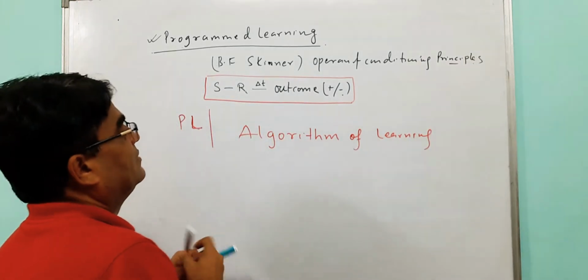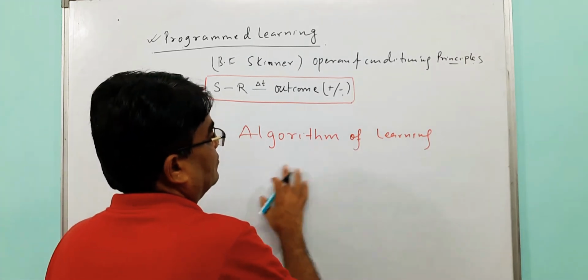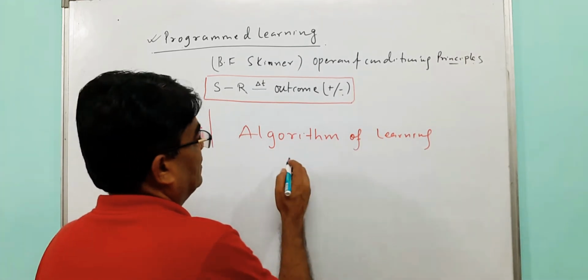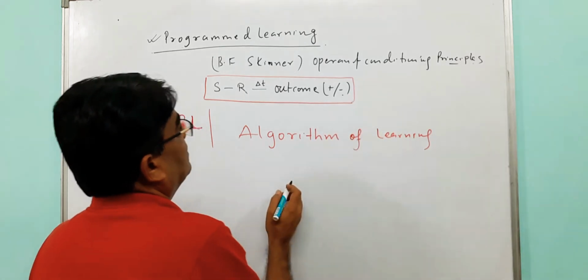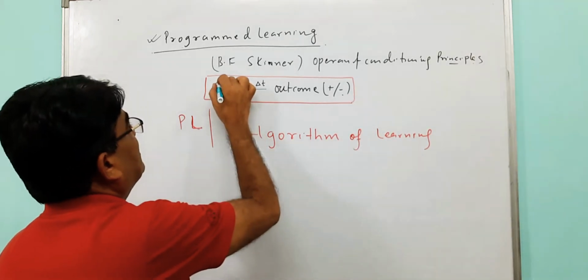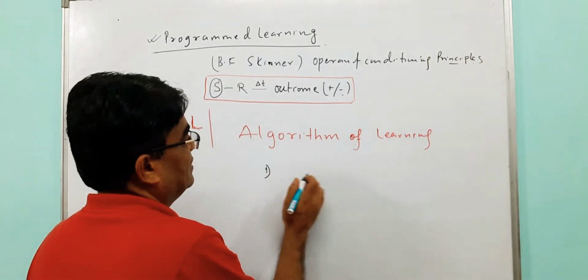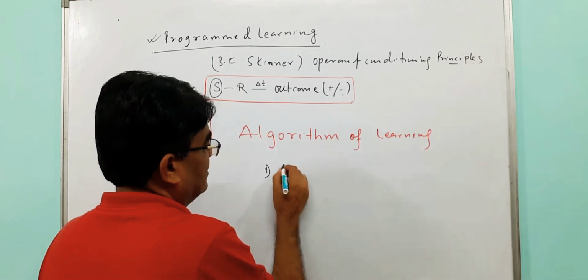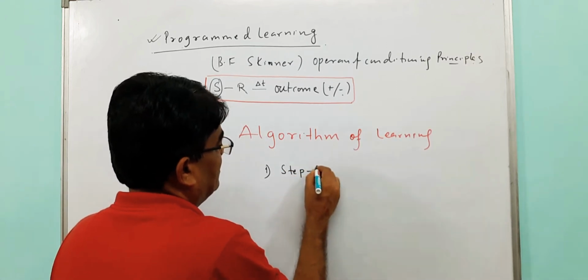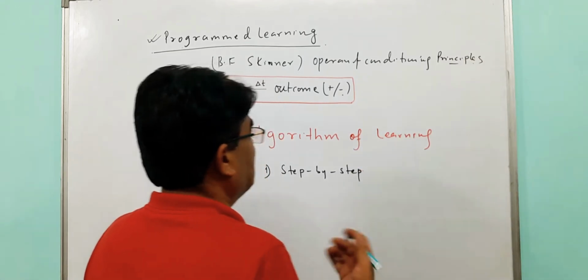So what is the importance here? Three or four procedures are there that are based on these principles. Because this is a stimulus, a stimulus will be very specific. So the first principle's procedure is to break the task, step by step.